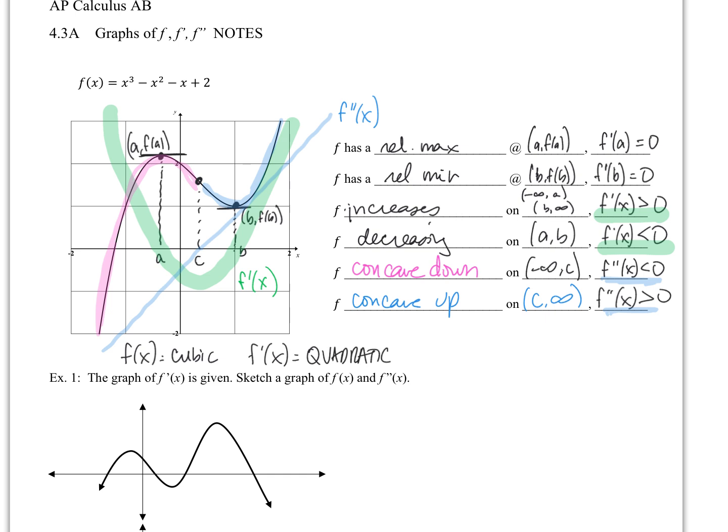It's a parabola. And then the second derivative is linear. So what's happening is that each time you take a derivative, it loses a degree. It becomes one less degree.